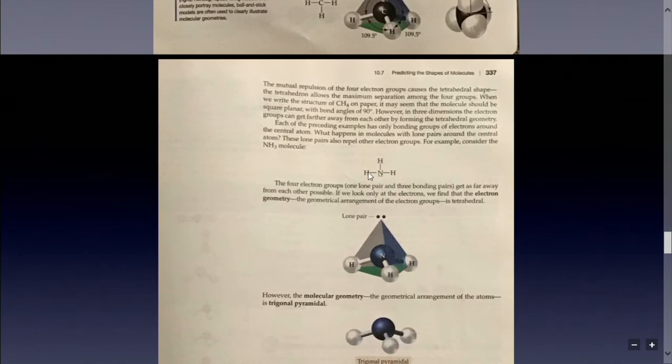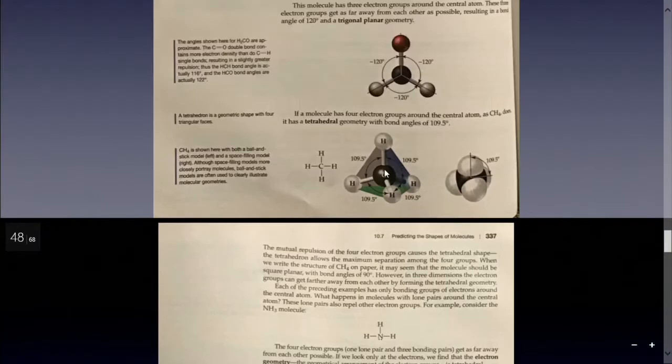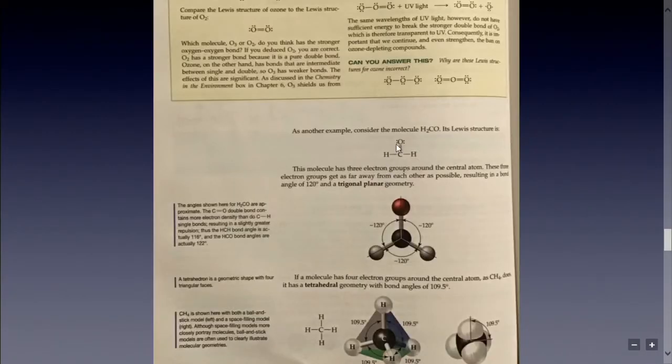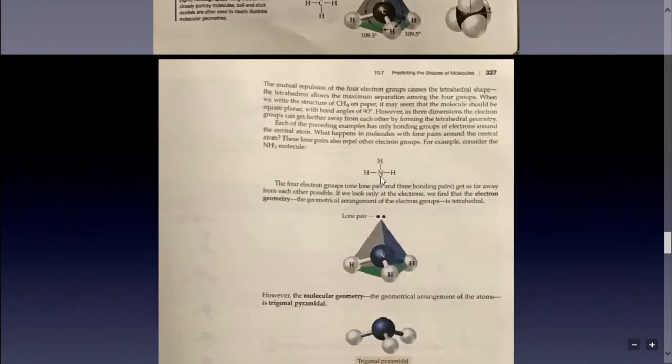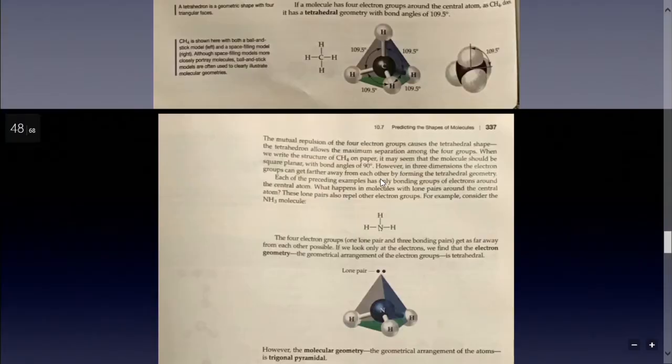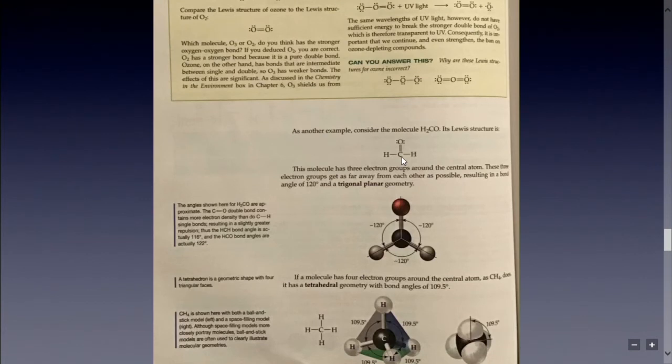Imagine you have 3 atoms like this connected to nitrogen. So you have 3 hydrogens connected to the nitrogen. That kind of looks like this example up here where we had 3 atoms connected to a central atom, but in this case, we also have that lone pair of electrons on the nitrogen. That actually counts as an electron group. Up here we didn't have any lone pairs on the central atom.